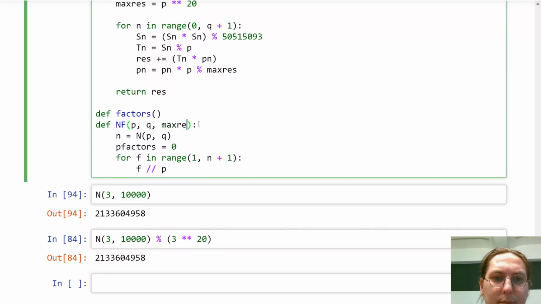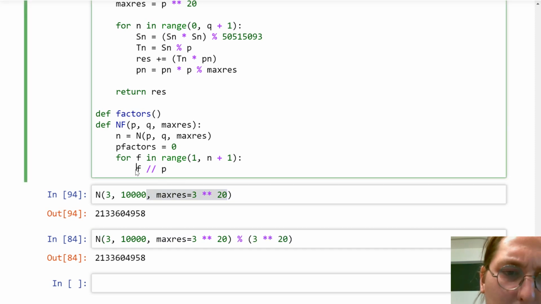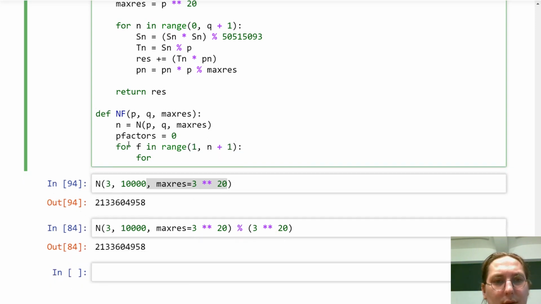Max res. Okay, fine. So should I iterate here, I guess? The range P factors.